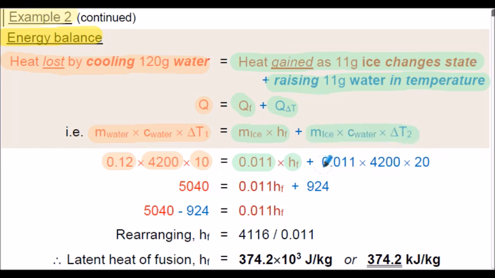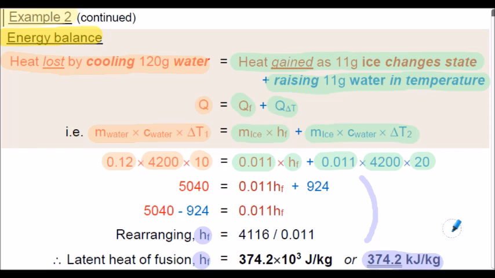So again, mass of the ice in kilograms, specific heat of water, 4,200, and the change in temperature of the 11 grams of water now is 20 degrees C. Essentially, the rest of the calculation is basically arithmetic, making sure we rearrange the equation for HF. And so the latent heat of fusion, HF, calculates to be approximately 374.2 kilojoules per kilogram. So that's how we'd undertake an experiment to try and find HF.